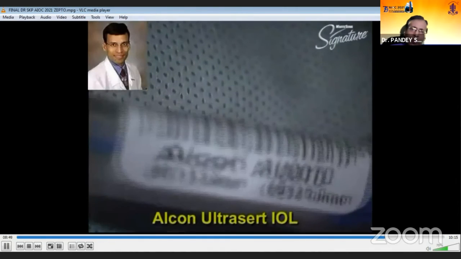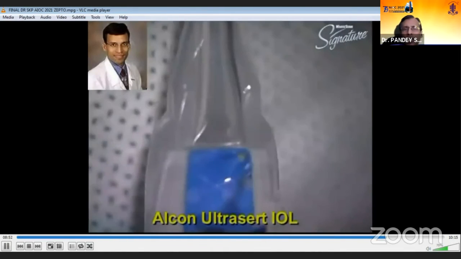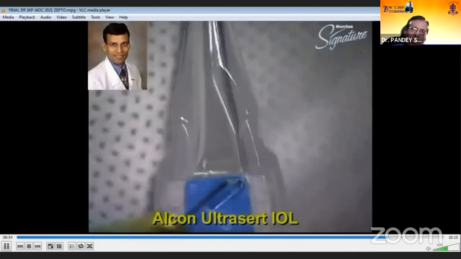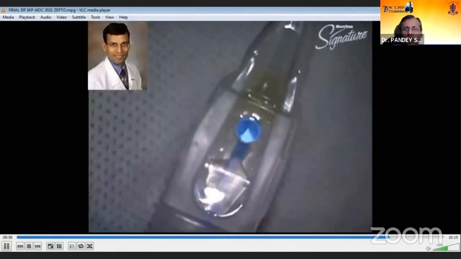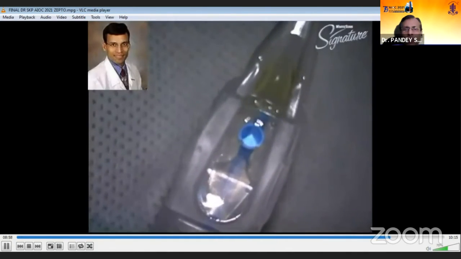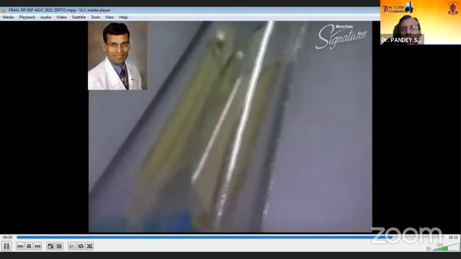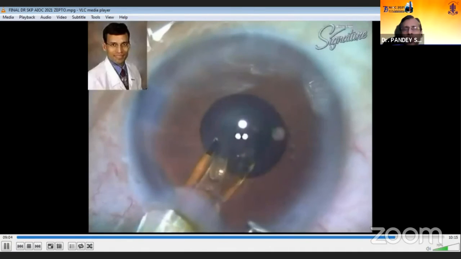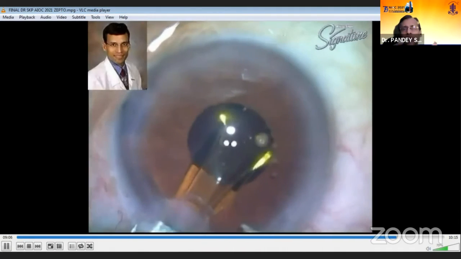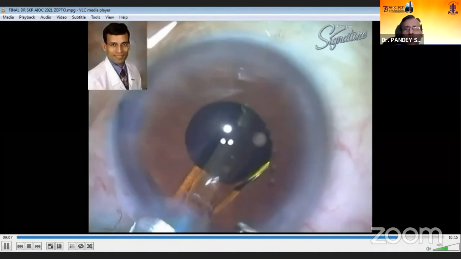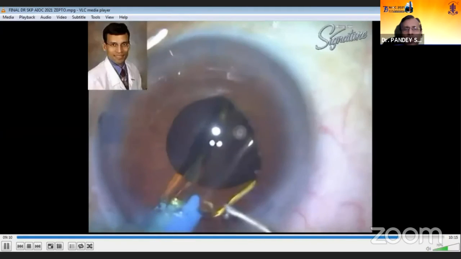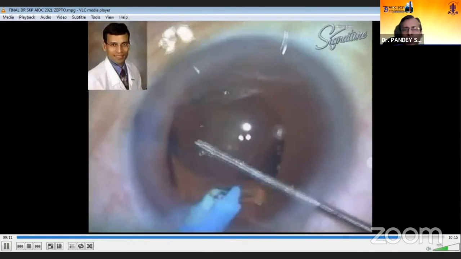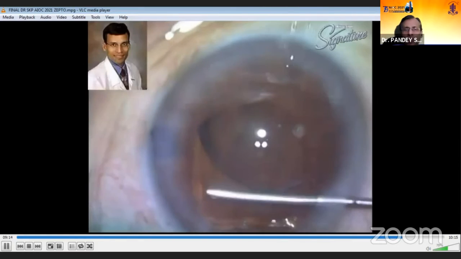This technique of intracameral phenocaine application can be useful in selective cases, those who have allergy to tropicamide eye drops. And here we are inserting a preloaded lens. Preloaded lens has the advantage that it can be inserted through a 2.2 millimeter incision, and the preloaded technology minimizes or avoids any touching of the lens optic or haptic, and it also saves time in busy ophthalmic practice.